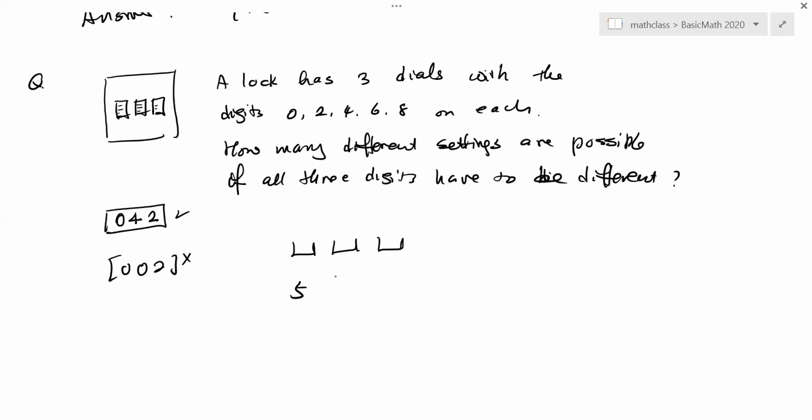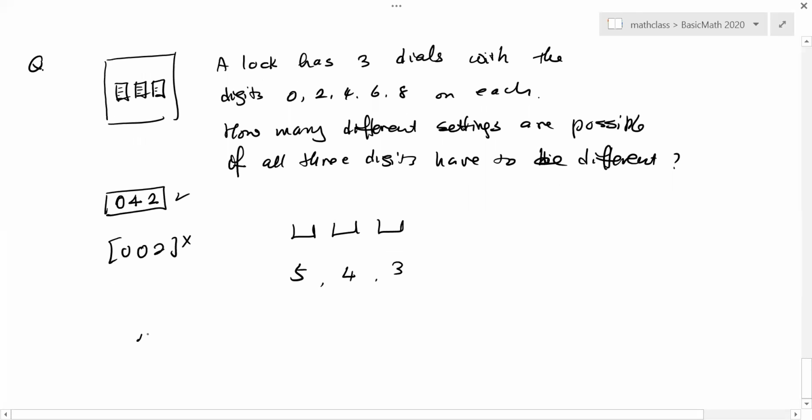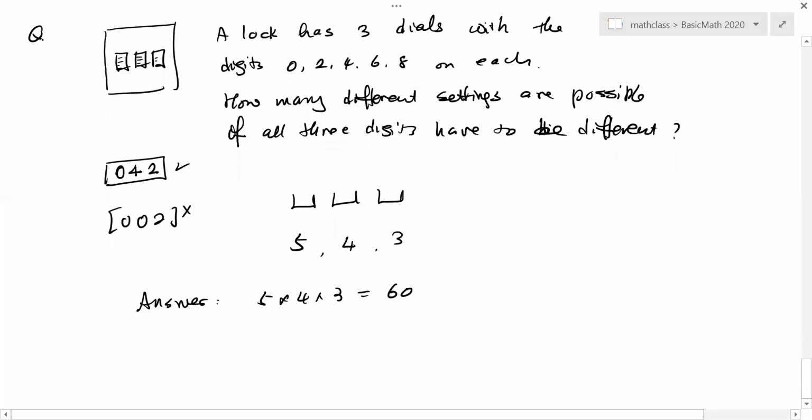The second one, you only have 4 choices because you cannot use the one already used. Then the third one, you only have 3 choices. So the answer is 5 times 4 times 3, which is 60. So there are 60 different settings you can choose.